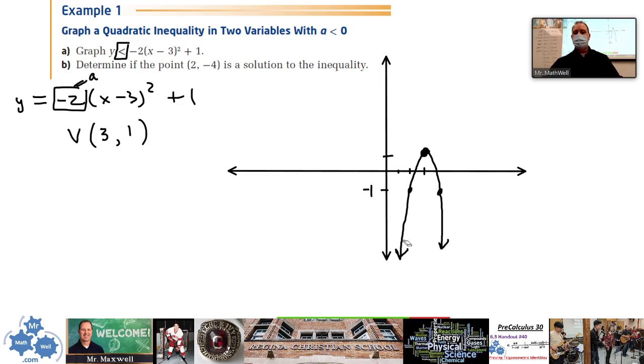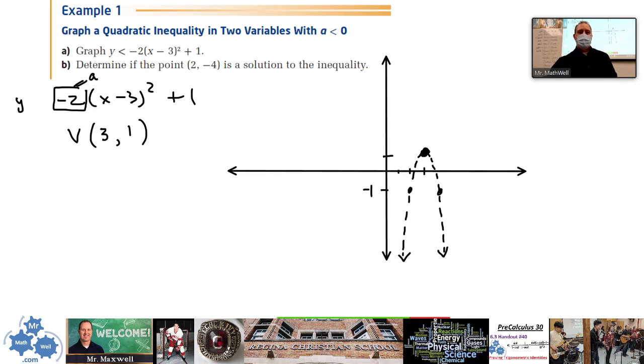If you have a pencil, you could just erase some lines out of there. Unfortunately, I can't do that, so I'm going to have to redraw mine. But you make a dashed borderline because there's no or equal to. So that means that the points on this parabola are not part of the solution set or the solution region, right? So it's got to be dashed because there's no equal there.